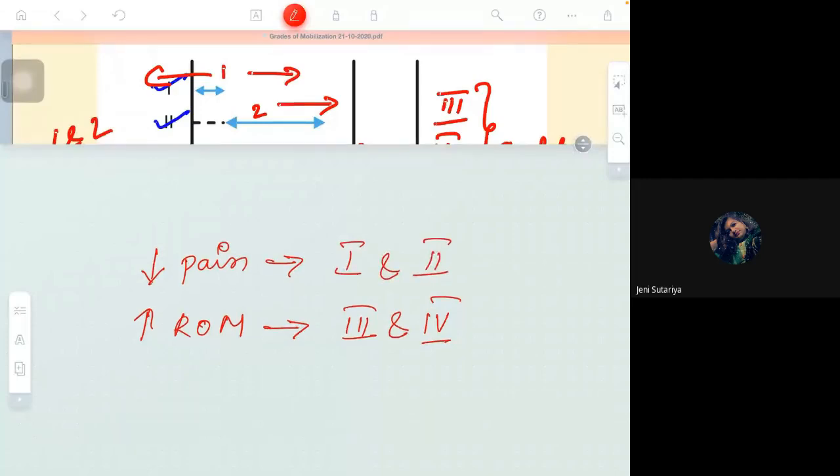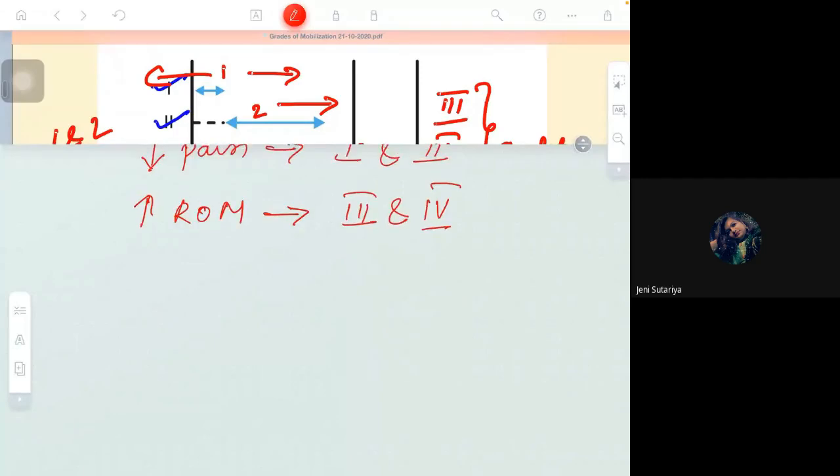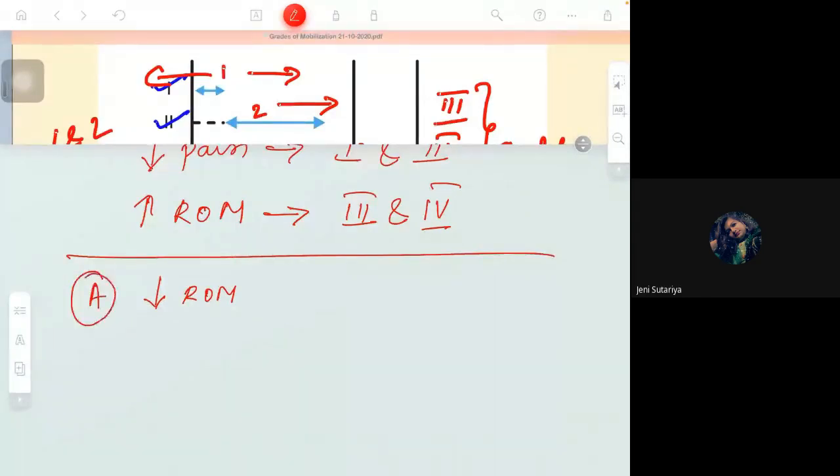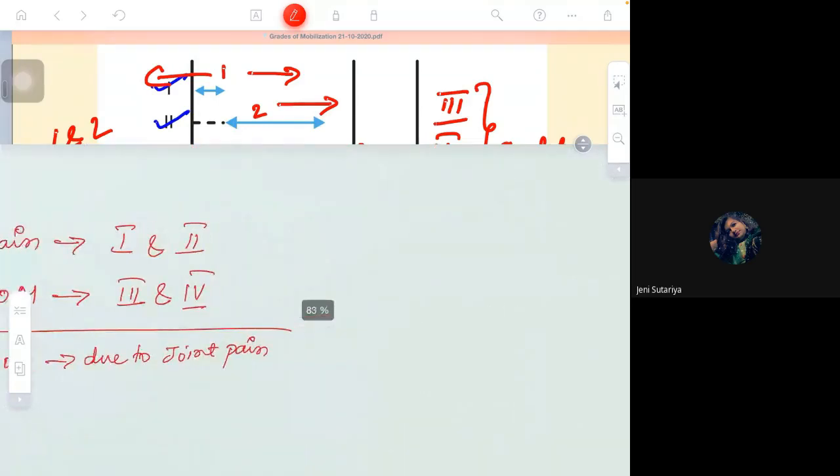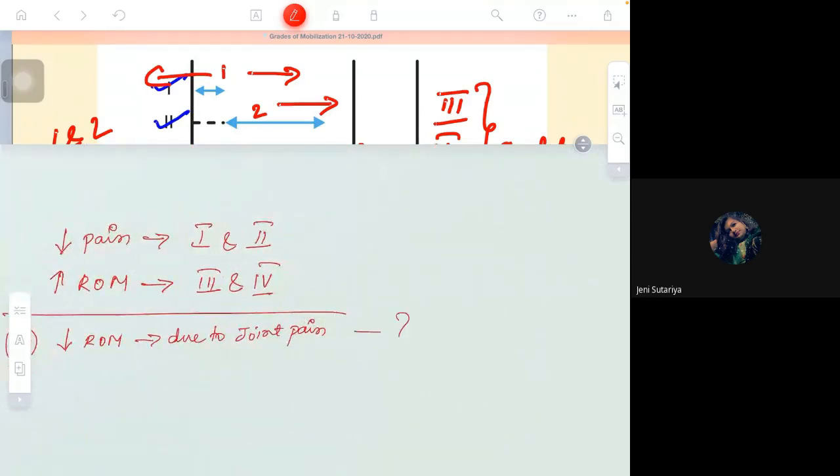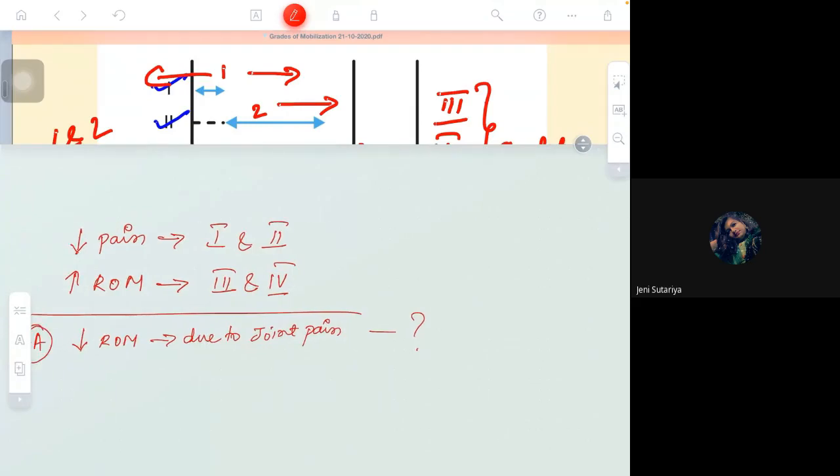So, if patient A is coming with reduced range of motion due to joint pain, which grade mobilization will you give?